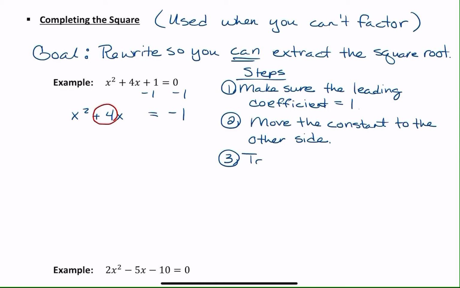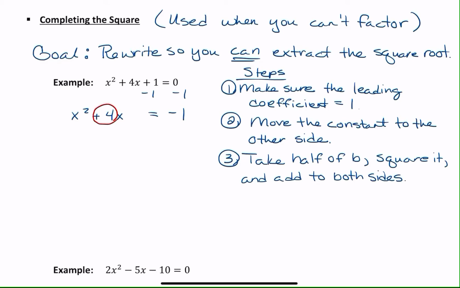Take half of b, square it, and add to both sides. The reason I'm doing that is I'm trying to create a perfect square.